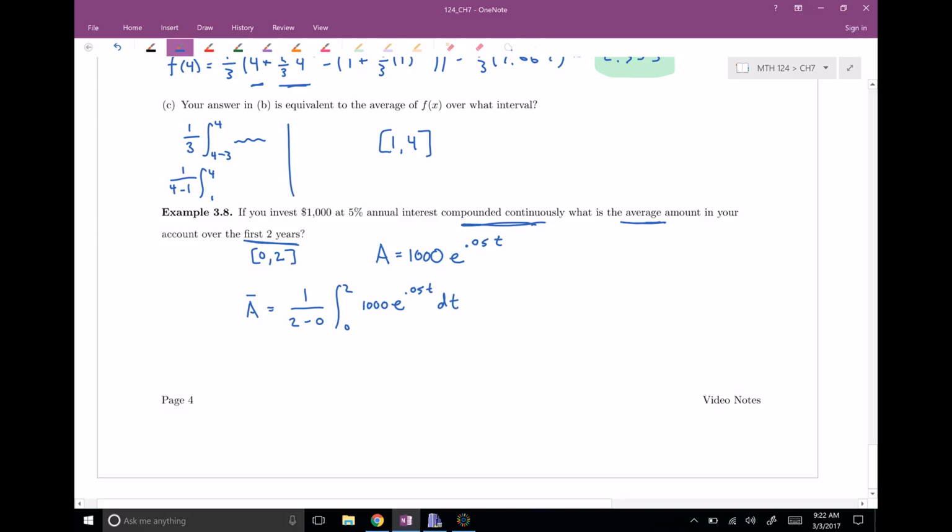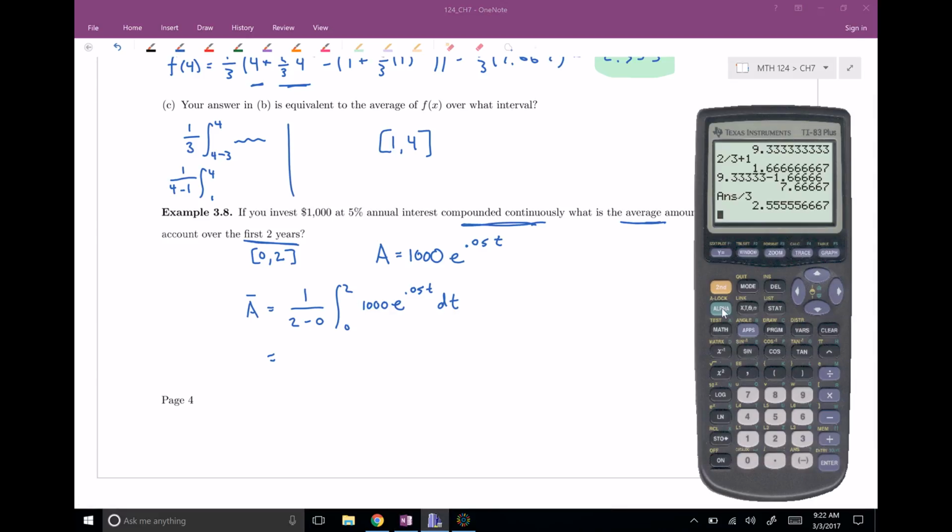Okay. In order to speed things along, we could use the fundamental theorem of calculus, but let me go ahead and just use my calculator here. Okay? So let me calculate out this integral part. So math 9 gives me the fn int.